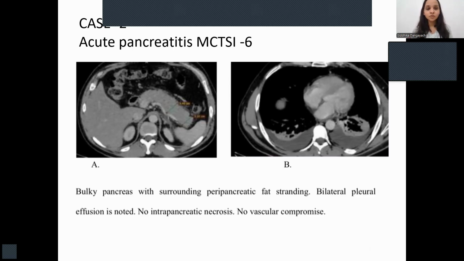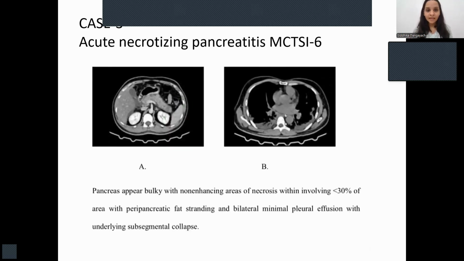It was found to be acute pancreatitis with a modified CT severity index of 6. The third case, where the pancreas is bulky and we can see non-enhancing areas of necrosis involving less than 30% of the area with peripancreatic fat stranding and minimal bilateral pleural effusion. It was found to be acute necrotizing pancreatitis with a score of 6.